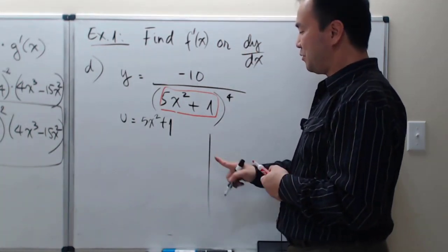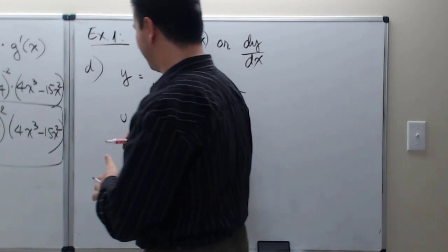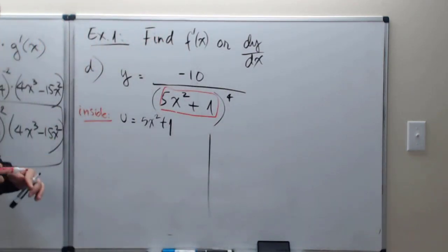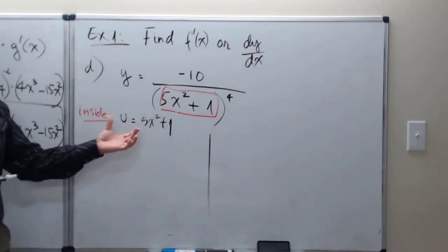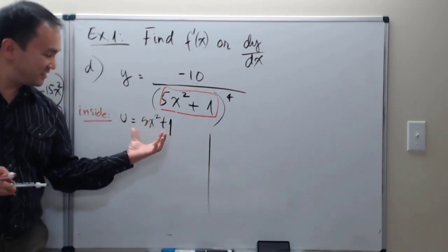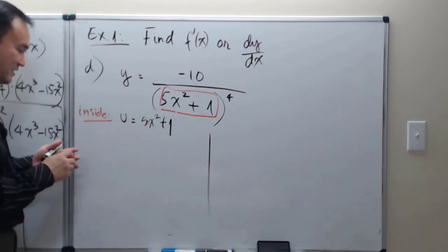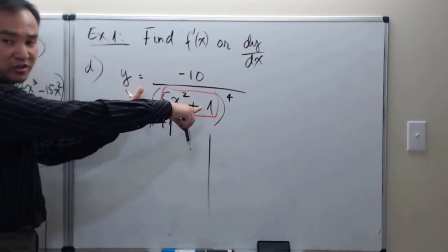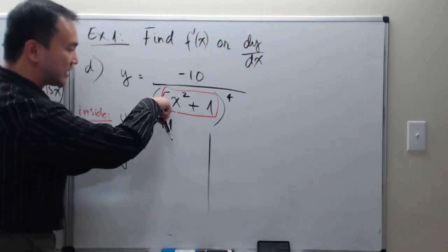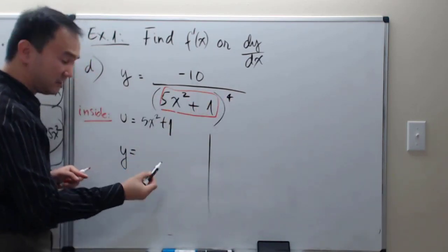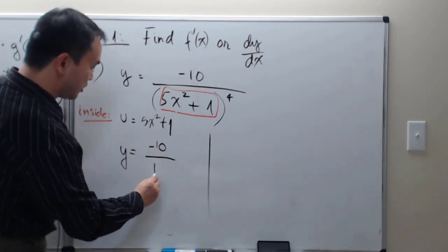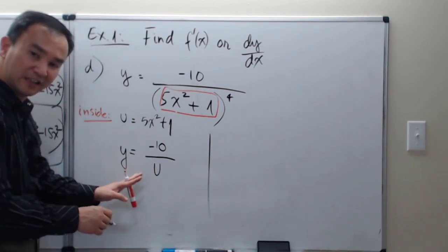Okay, so once I substitute for that, I can just simply regard that as the inside. And once I have decided my inside, then here comes my outside. Looking back at the entire expression, after substituting away the ugly looking thing inside of the fourth power in the denominator, I now have y equals negative 10 over u to the fourth power. See how shorter it is now? Significantly shorter.